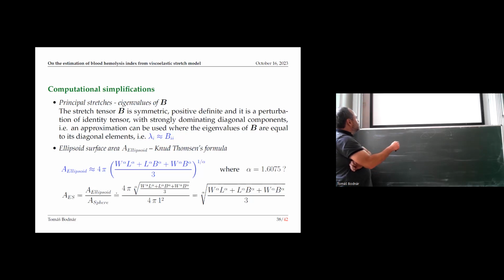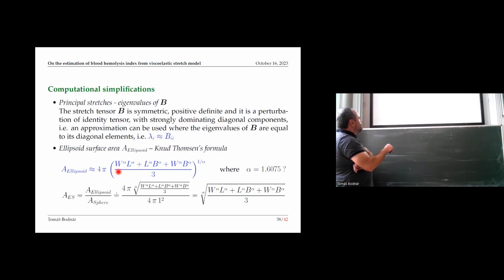Then the second is the surface area of the general ellipsoid that is not rotationally symmetric. And I found this formula that was tested numerically that is quite accurate, at least for the purposes that we will need.